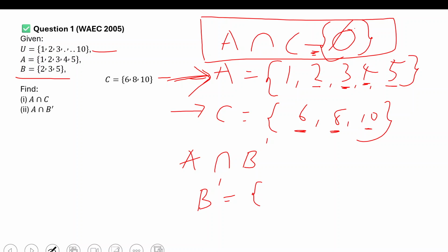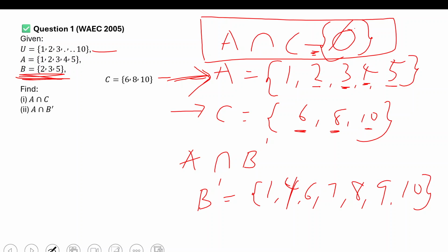So anything else that is in the universal set and not in this set is B prime. So 1 is not in B, but it's in the universal set. 4 is not in B, but it's in the universal set. Then 6, 7, 8, 9, and 10.